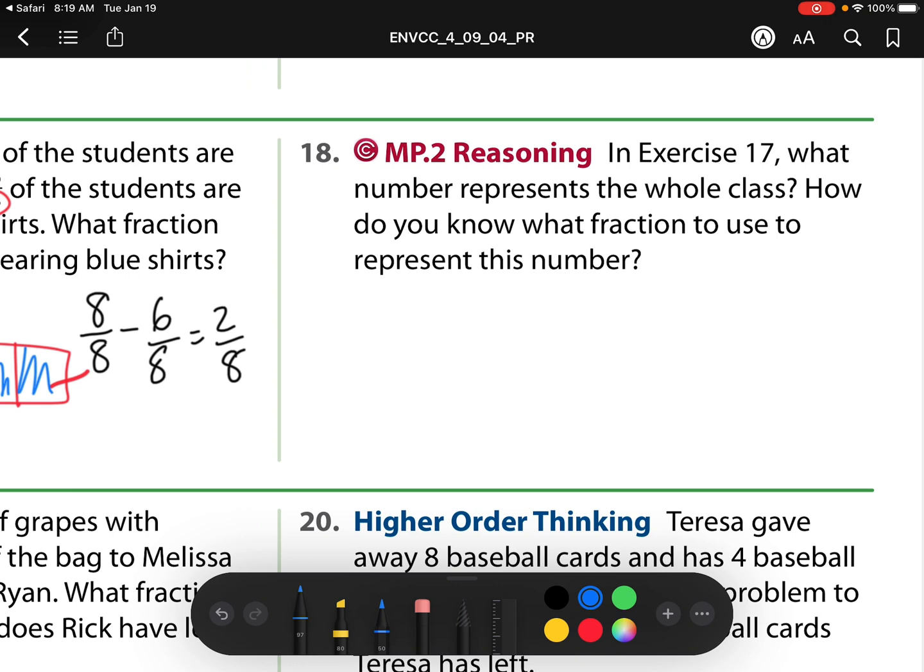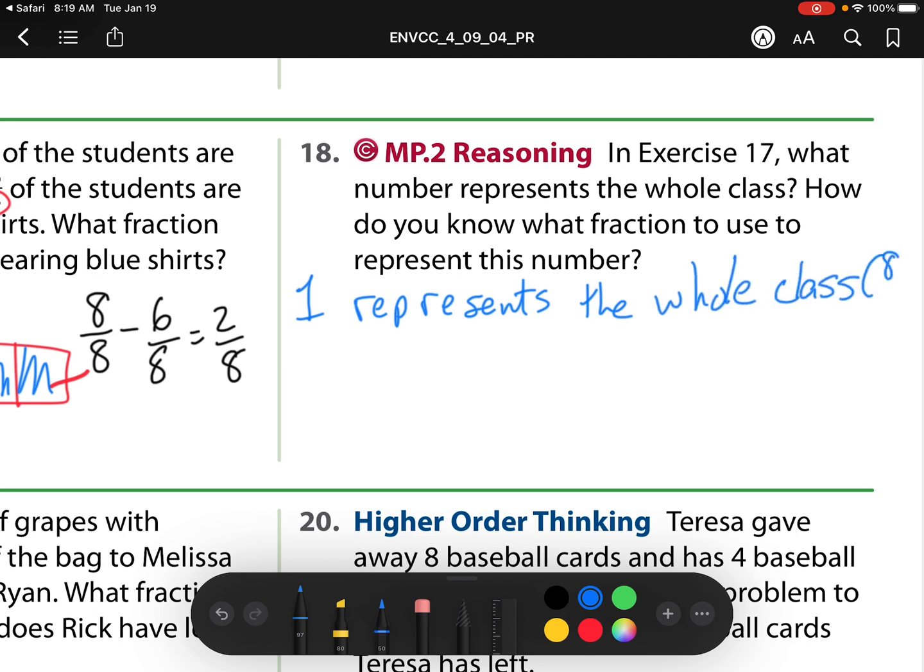Number 18, in exercise 17, which is this shirt one we just looked at. What number represents the whole class? How do you know what fraction to use to represent this number? So 1 represents the whole class. And remember, we showed 1 by what? We showed 1 by 8/8 because they're equivalent.